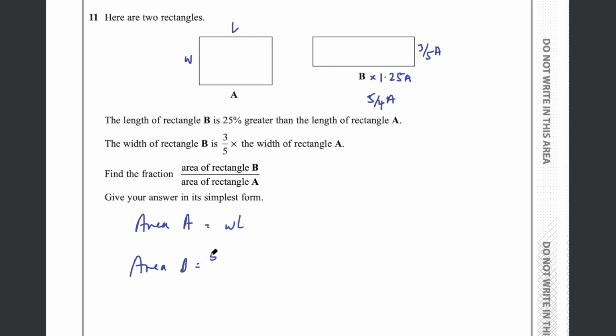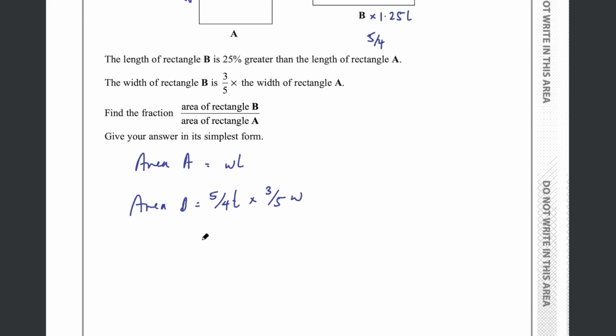So this is going to be 5/4 times the length of A, which we've called L. So I should just change these. This would be L and W. Okay, so this is going to be L times 3/5 W.